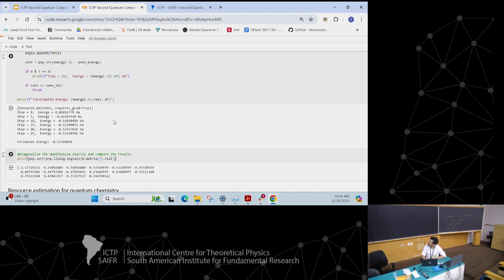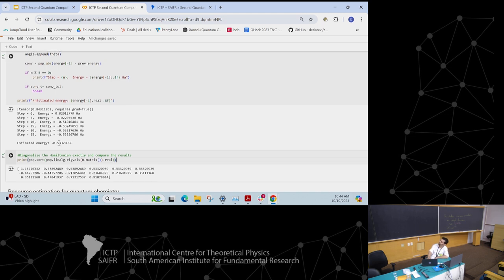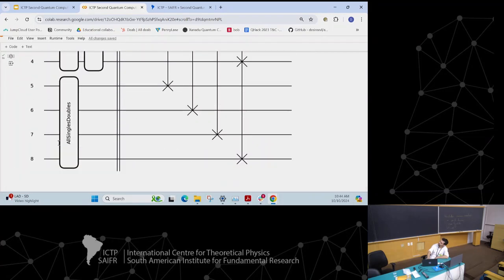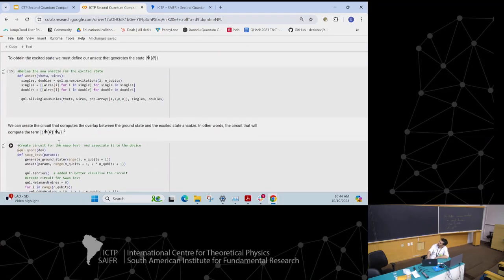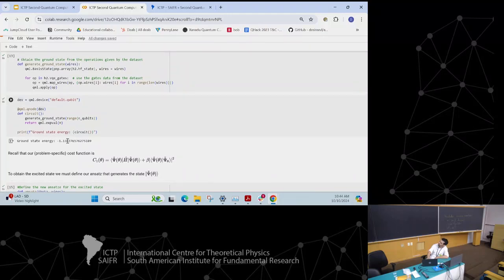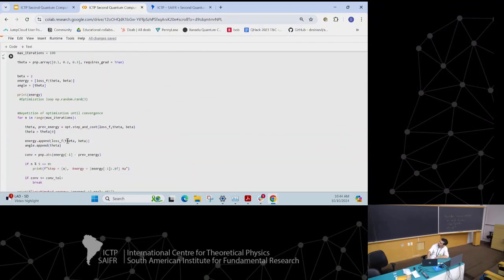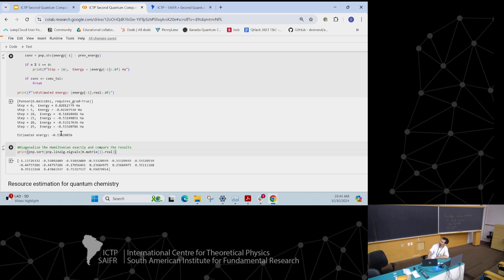So I want you to compare the exact eigenvalues that we get from diagonalizing the Hamiltonian and our estimates for the ground state, which is all the way over here, and the value that we estimated for the excited state. And I want you to tell me if you notice a problem. No, we're close enough for our purposes.